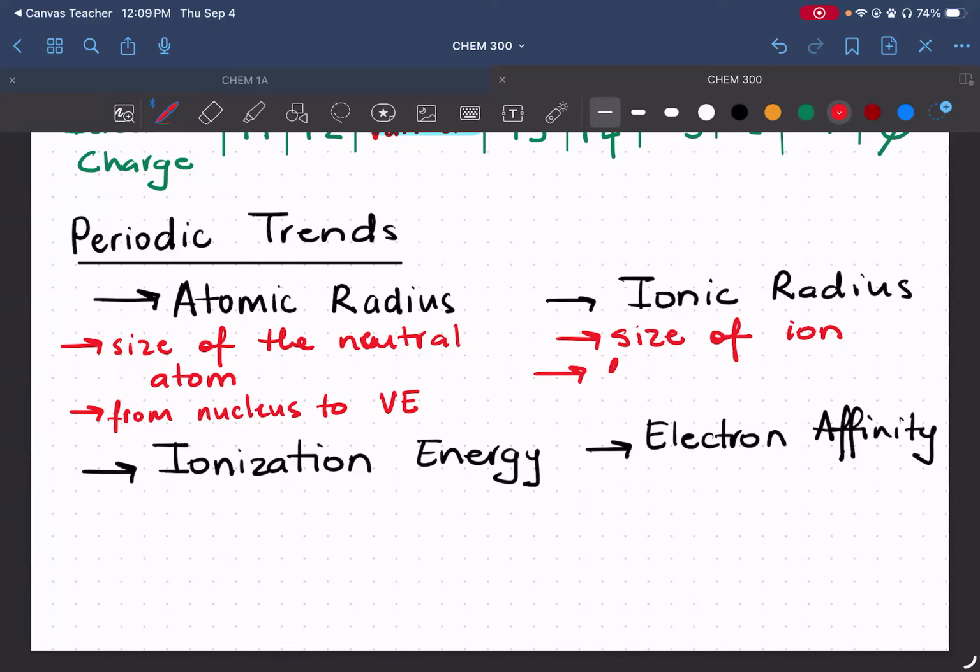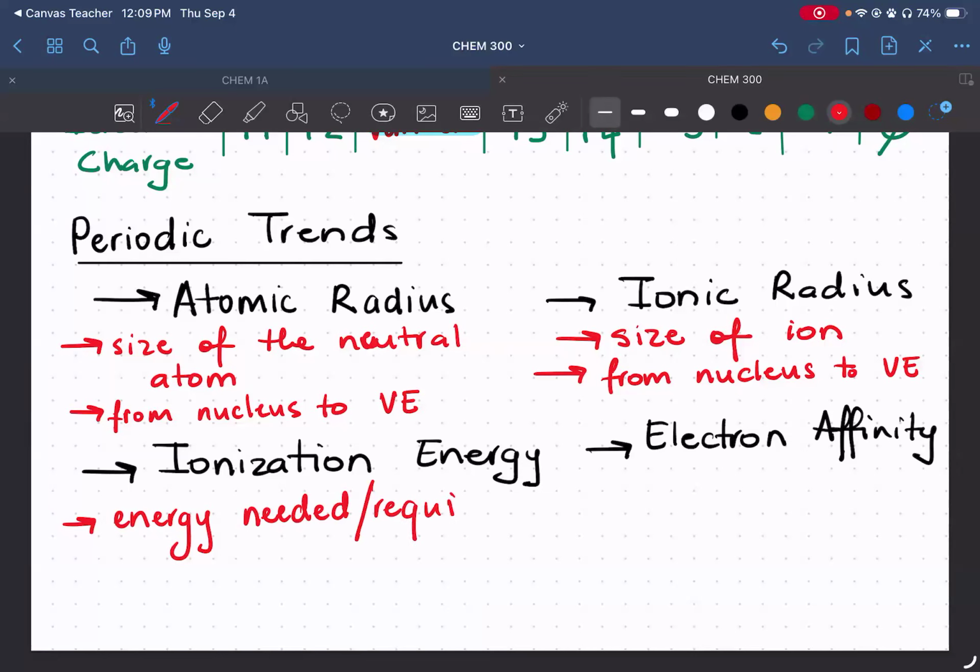Again, this is measured in distance from the nucleus to whatever the set of valence electrons are. Ionization energy is defined as the energy required to lose an electron.